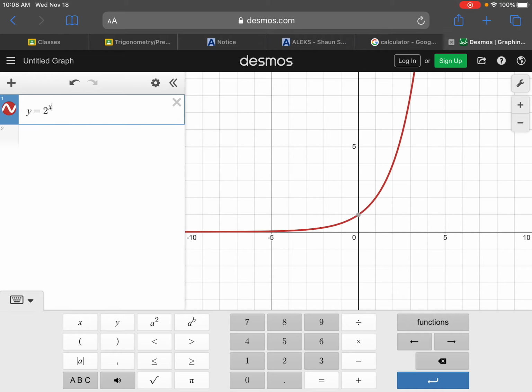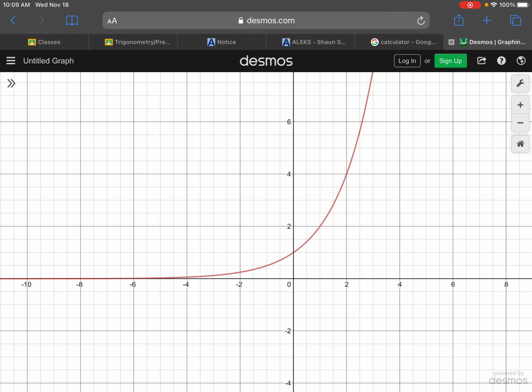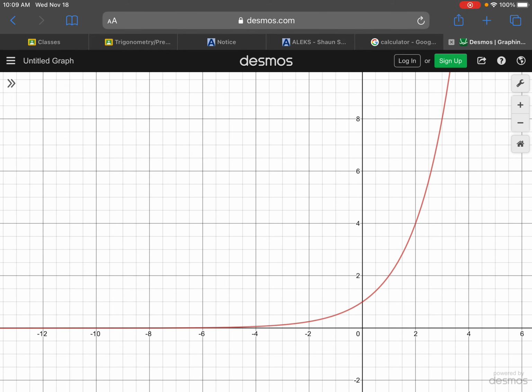All right, so let's close this up. Now notice that what we have here is a graph on the left-hand side that's very close to 0, and it grows very slowly until we hit a certain point, and then we increase very rapidly.